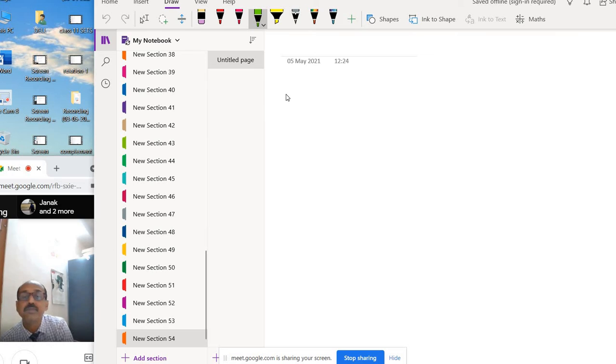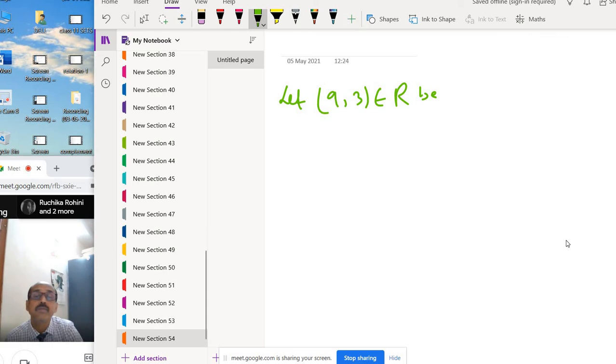So let (9, 3) belong to R, because the condition is a less than or equal to b cube.